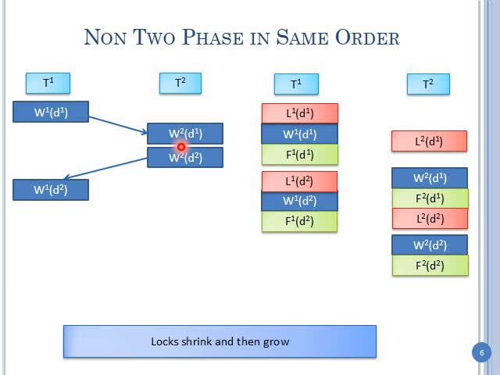So let's go and see non-two-phase and two-phase. Let's consider a situation where we access items in the same order. Okay, this is non-two-phase, even though it worked. It did work because things were interleaved, because this lock was freed before this one was acquired. This free occurred before the last lock request. But it worked.